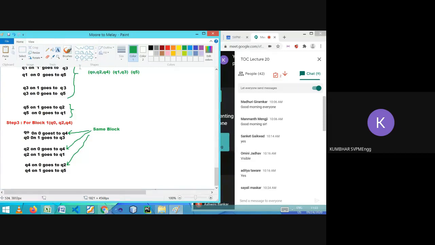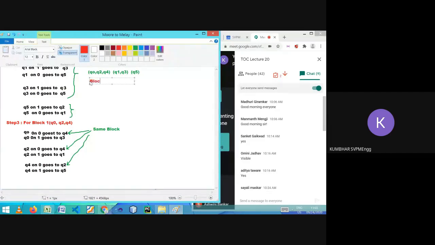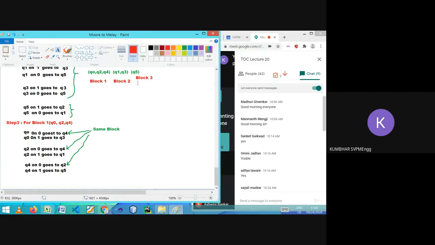See, this is our one block. Let me write here. This is block 1, correct? Next, this is block 2, which has Q1 and Q3, and this is block 3, which has only one element, Q5.